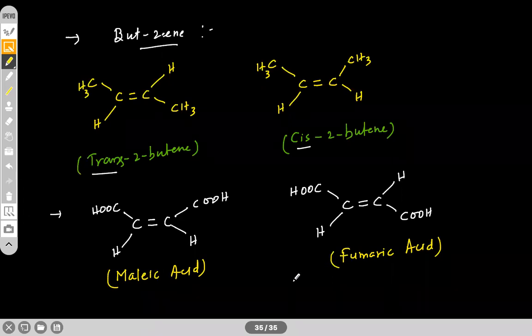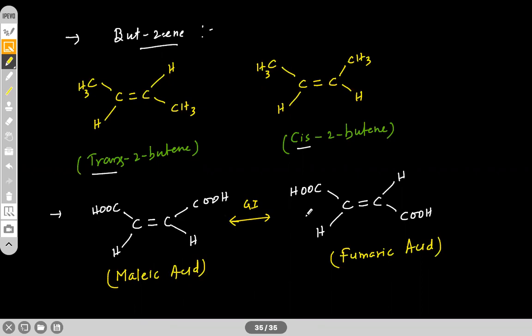So malic acid and fumaric acid are geometrical isomers of each other. If they give you the structure, you can easily say they are geometrical isomers. But when they ask you the name, what is the relation between malic acid and fumaric acid, probably you won't say because you do not know the structure of both compounds.